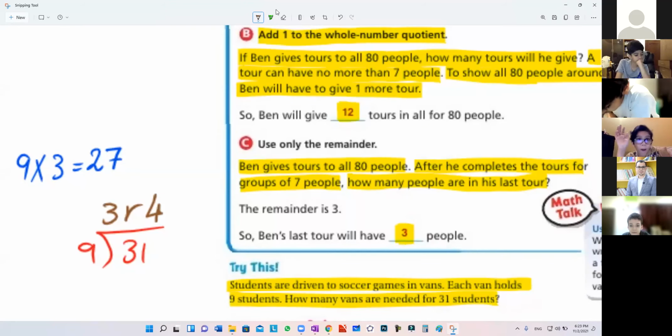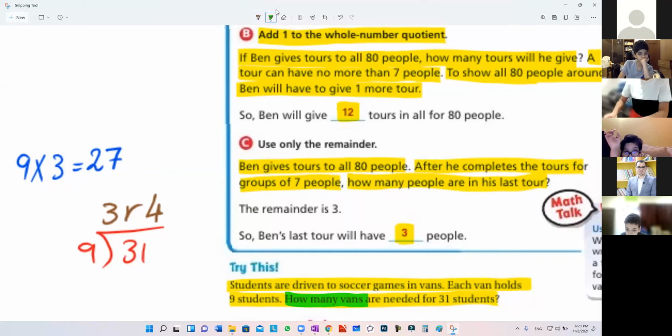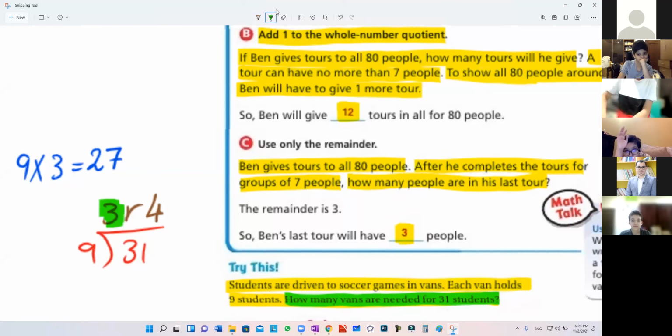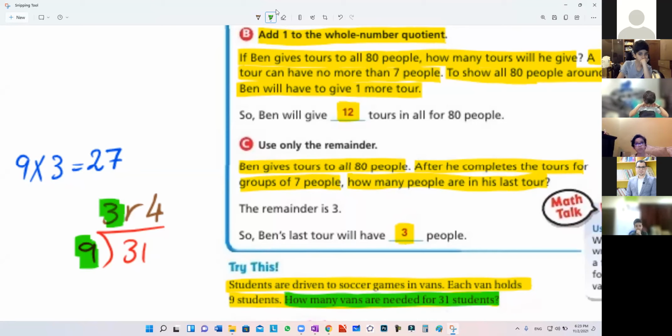Okay. As you see here, he is asking about how many vans are needed for 31 students. So we have 3 vans with 9 students in each, right? But we have 4 students left over. We need to put them in one more van, right? So how many vans in total here?